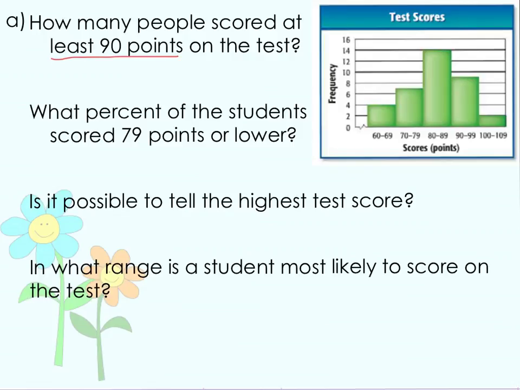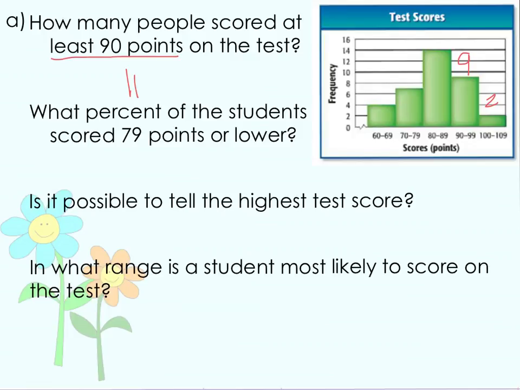So if I take a look, I'm going to include this bar, and I'm going to include this one. So I'm going to have to estimate on this first bar. From 90 to 99, 9 people scored in that interval, and 2 people scored in this one. So 11 students scored at least 90 points on their test.